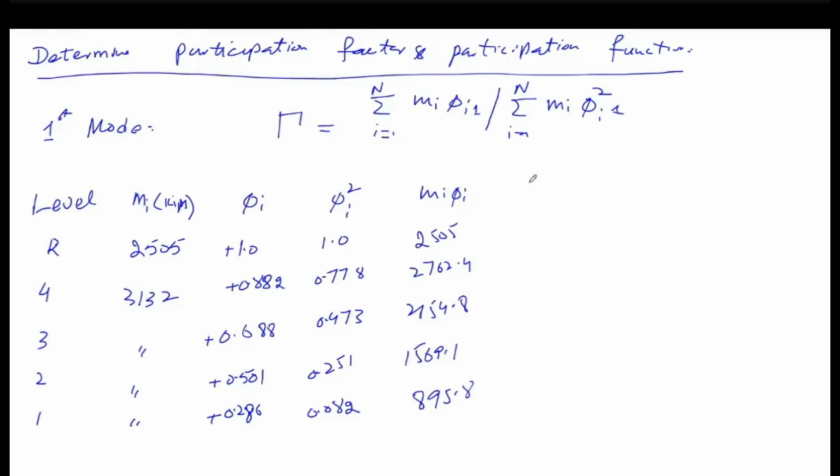And for this column, we have to calculate the mi phi square. So multiply mass with this column.